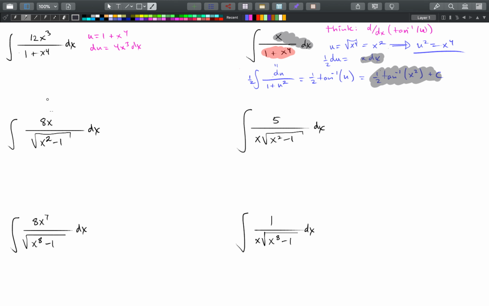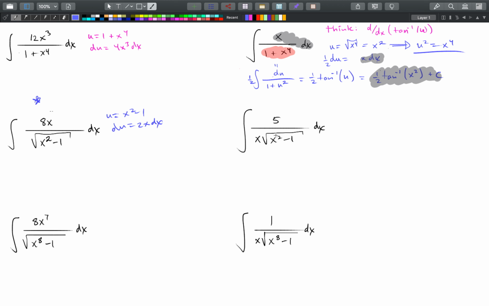Similar kind of thing here. On this leftmost problem of the second row, notice that there is a u du relationship. And so it's this kind of substitution that you want to tackle with this problem. But you don't see that kind of problem here.